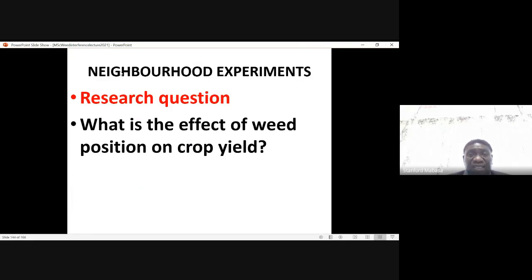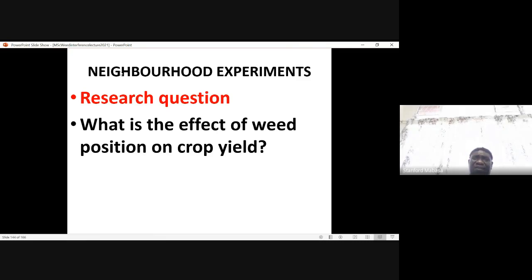Then there is something called the neighborhood experiments. Now, with this sort of approach, plants grow within the same environment, and we may want to find their impacts on each other. So the research question could be, what is the effect of weed position on crop yield?